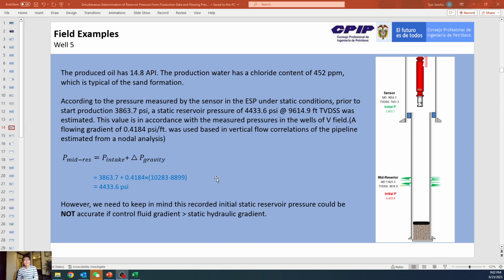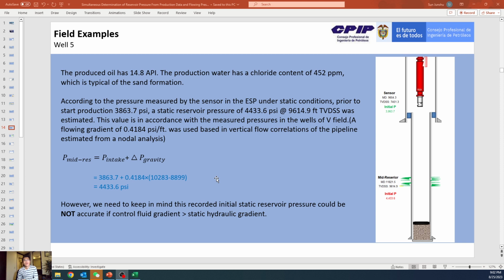The produced oil has 14.8 API. The production water has a chloride content of 452 ppm, which is typical of the sand formation.